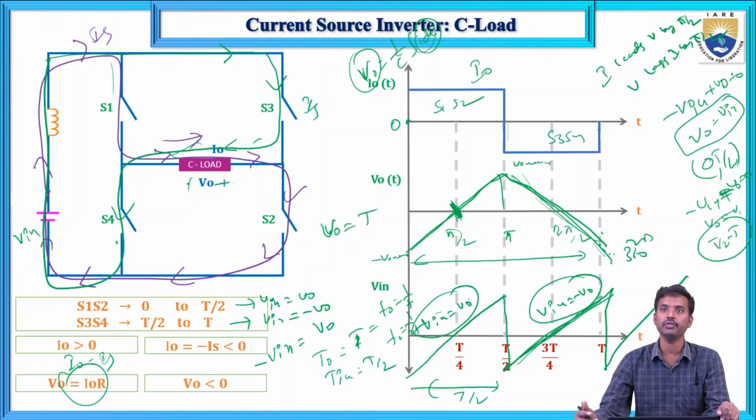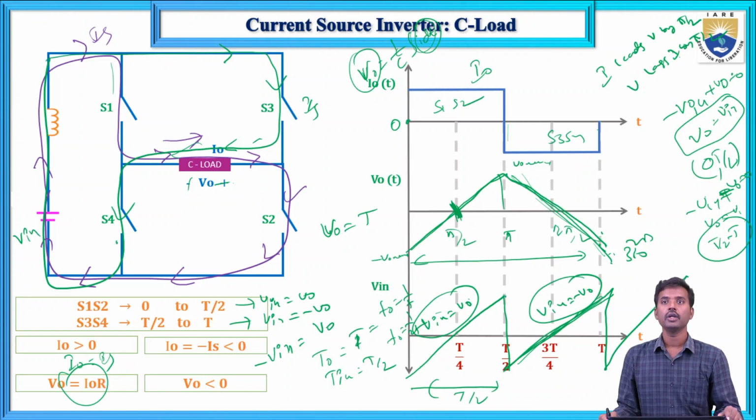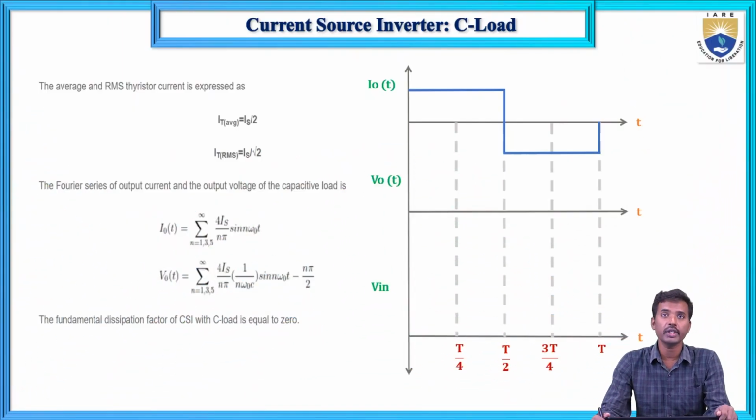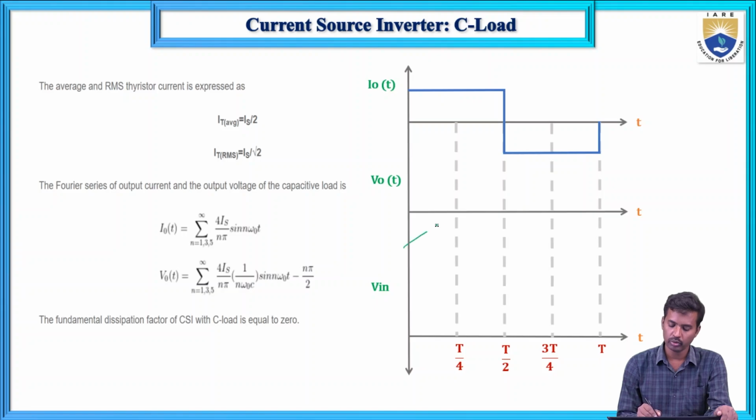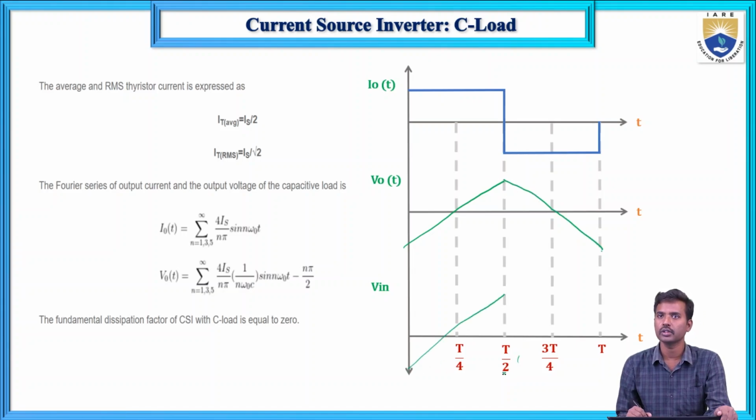So there is a change in frequency. If you see this waveform, there is a relation between input frequency and output frequency, and you can find it easily. F in equals 2 F naught. So that is the case. Same equations. This is the output voltage waveform, and these are the equations.